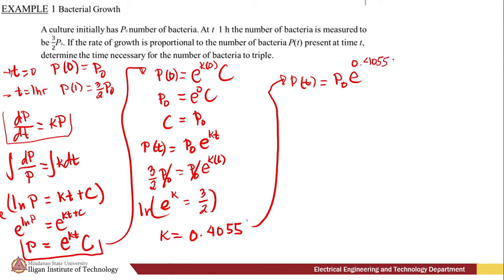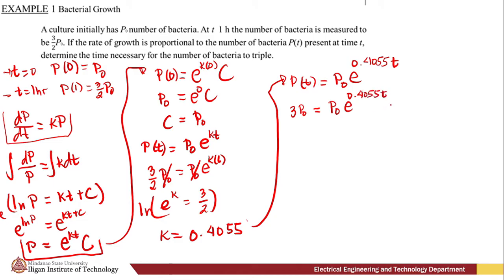So now our population P of t is equal to P sub 0 e raised to 0.4055 t. Now we can find what is asked in the problem, which is to determine the time necessary for the number of bacteria to triple. The number of our bacteria, P of t, will be 3 times the initial value, equals P of 0 e raised to 0.4055 t.